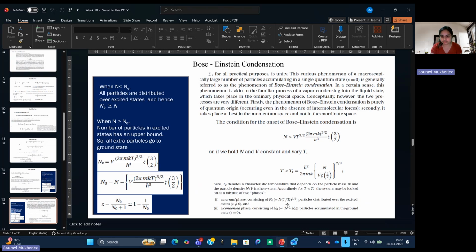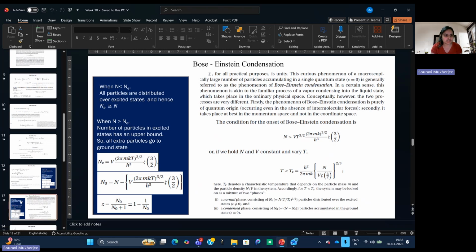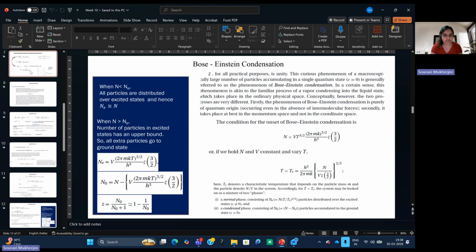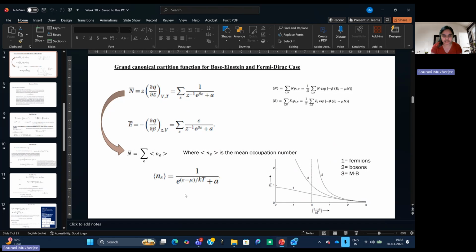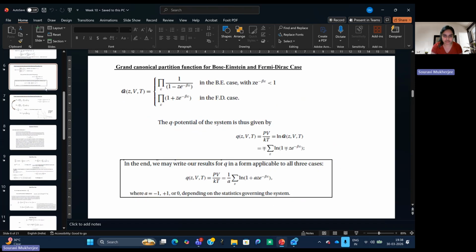Here you're saying that there's a normal phase and there's a condensed phase for T less than TC. One should also remember, or at least get used to, the expressions for the mean occupation number and this general expression, so that you can work out all the different cases: Bose-Einstein, Fermi-Dirac, or classical. So be well versed with these expressions.